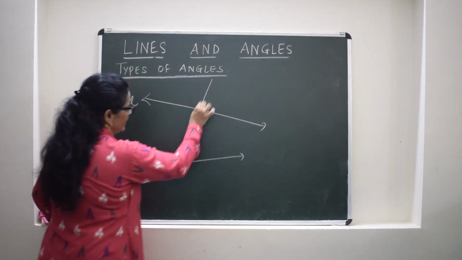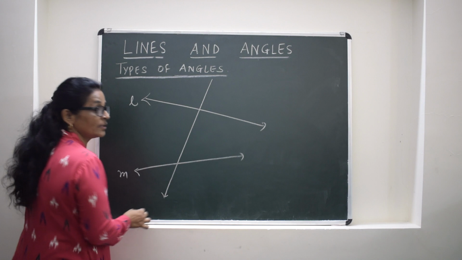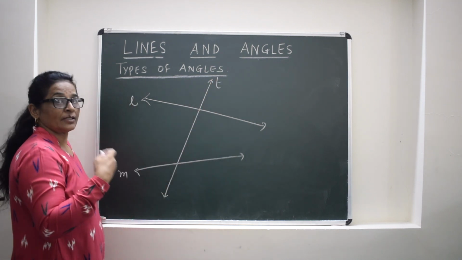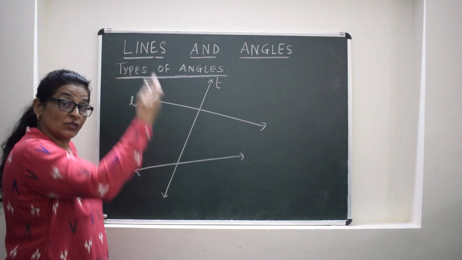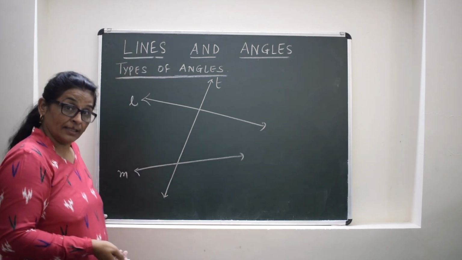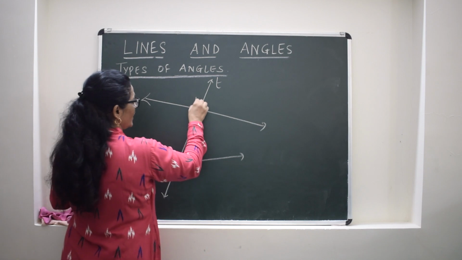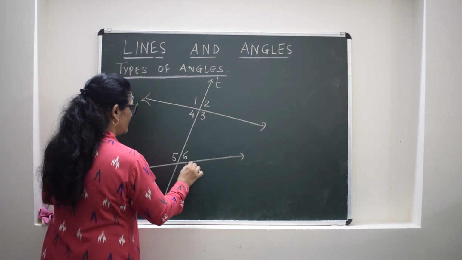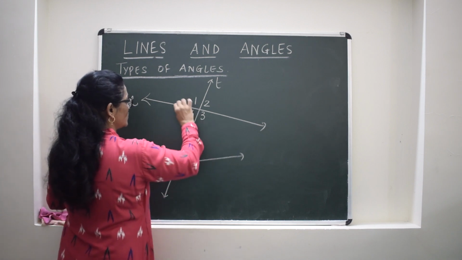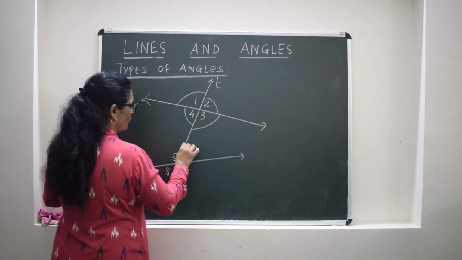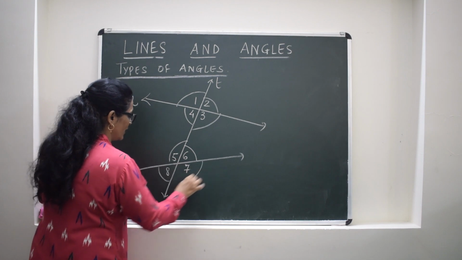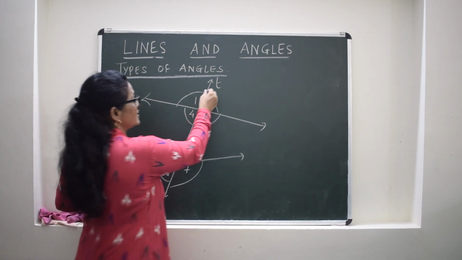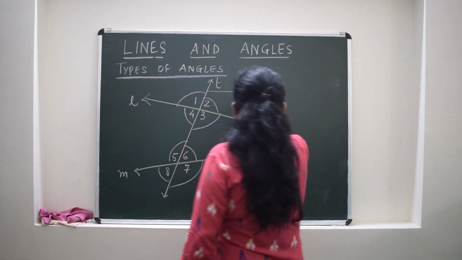And if a line intersects both the given lines, suppose that is line T, then there are some angles formed by this transversal on these lines. So we'll just number them: angle 1, 2, 3, 4, 5, 6, 7, 8. So there are 8 angles formed when two lines are intersected by the same line, and this line is called the transversal.